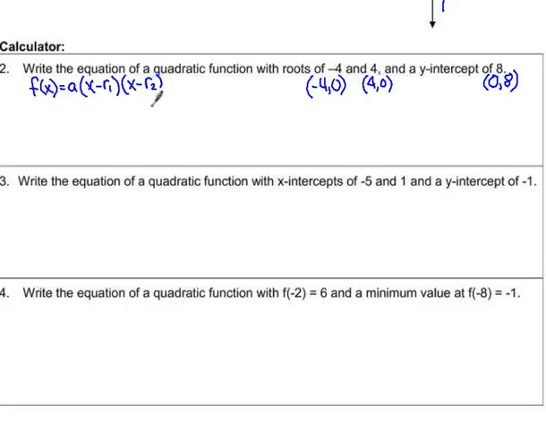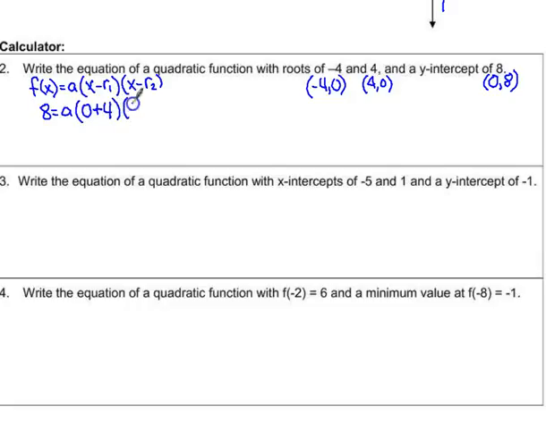We need to solve for a, so we're going to take the information that's given and plug it into our equation. We were told that the y-intercept was 8, so I'm going to write 8. We're solving for a, and we plug in 0 for x minus root 1, which is negative 4, so that changes to a plus 4.